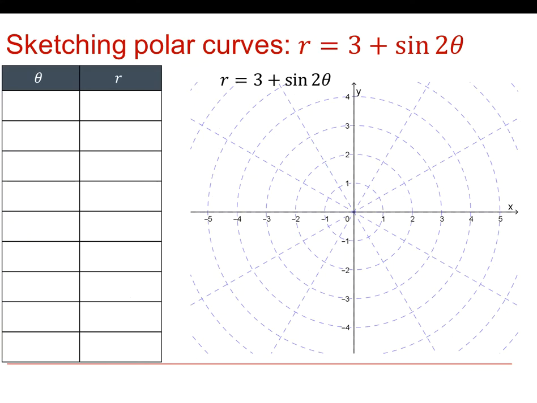If we wish to build up a table for r equals 3 plus sine 2 theta, it would be again useful to bear in mind the shape of the sine curve and to think about the range of values that sine 2 theta can take. If we were to build up in the same way, we would find that we had values such as this.